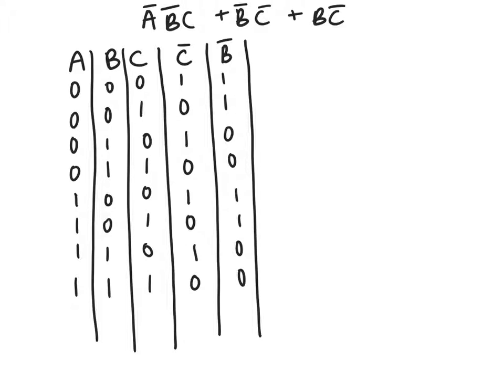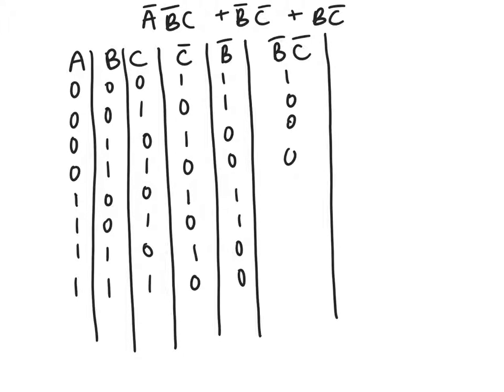Now we're going to work with the term not B and not C, which is true only when both not B and not C are true. Again, you can do this by looking at the original B and C and making this one true whenever the first two are false, whichever is easier for you.